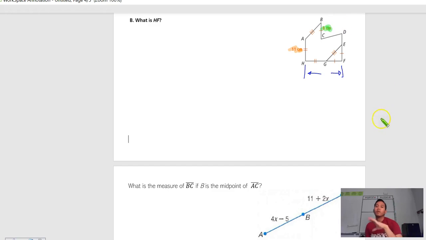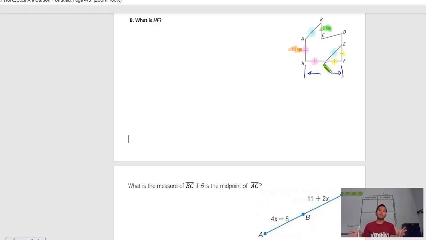So what are the other givens? When you see this little arrow here, it means this one is congruent to this part, meaning they are equal. And these two small segments here are also equal. And then the one here is equal to that.